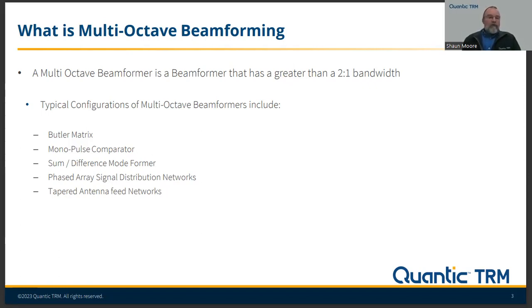Other configurations are difference mode formers, and phased array signal distribution networks as antennas are becoming broader and broader bandwidths. And we also do some very broad stuff for any kind of very specialized antenna feed network, such as adding a Taylor weight to an antenna feed.